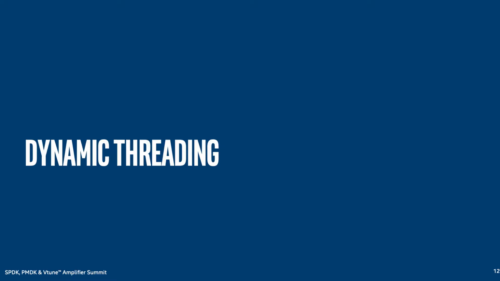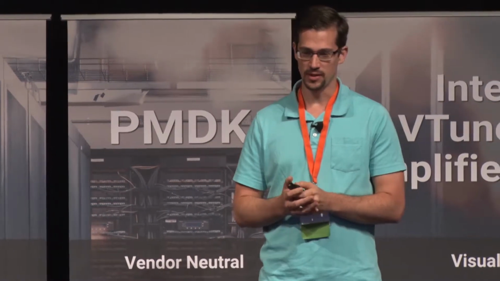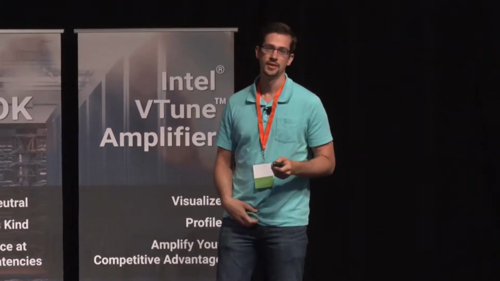So, there it goes. I'm going to talk about a lot of the changes going into SPDK over the last 6 months or so, about moving to a more dynamic threading model. This is sort of in the same spirit as moving to dynamic memory registration.